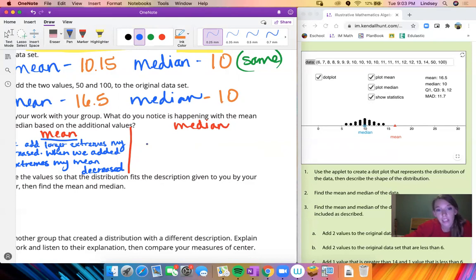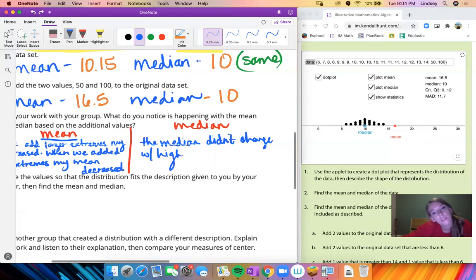Nothing. So the median didn't change with high or low numbers.